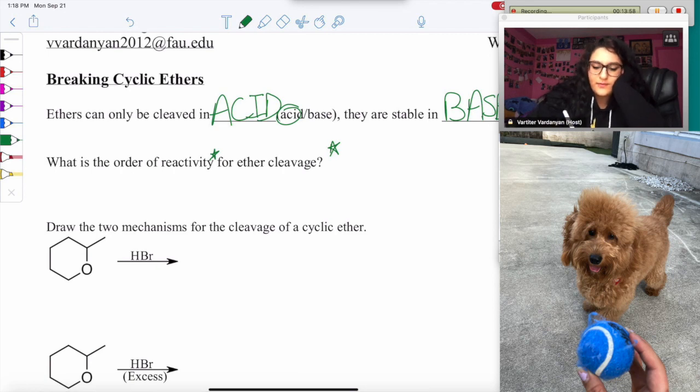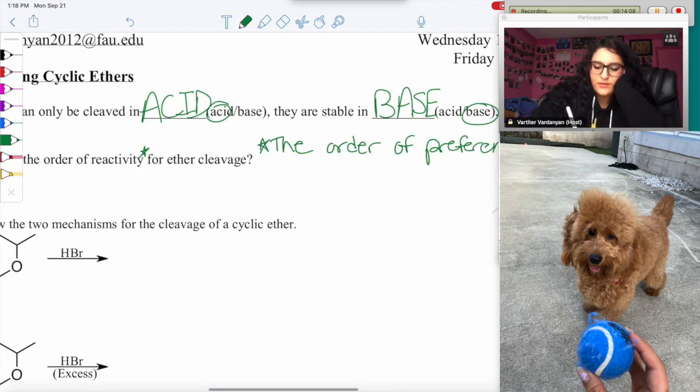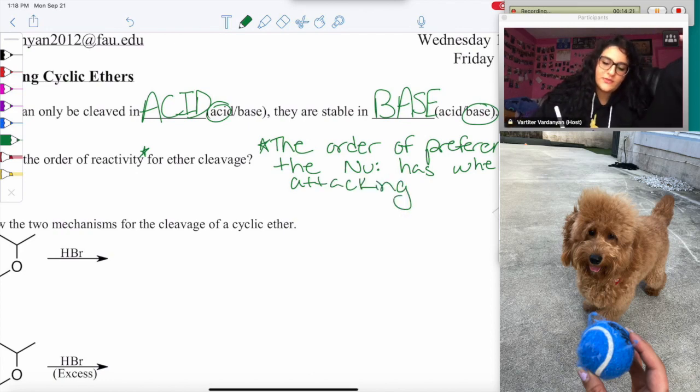So the order of preference the nucleophile has when attacking. And I'll explain what I mean by that in the next example, but I just want to write that down for you guys.